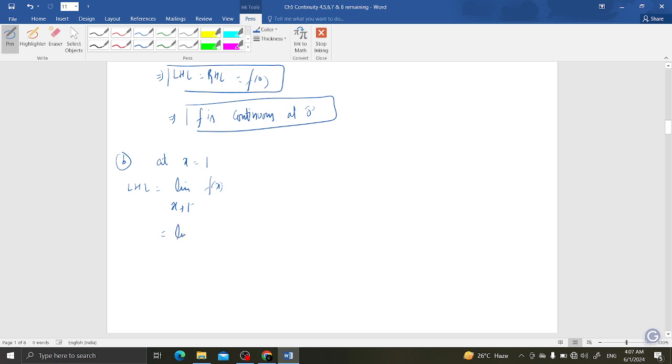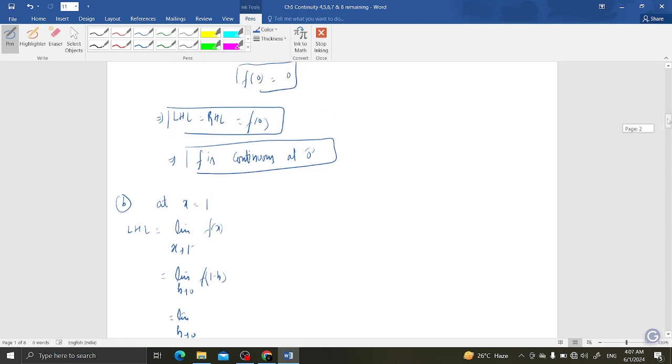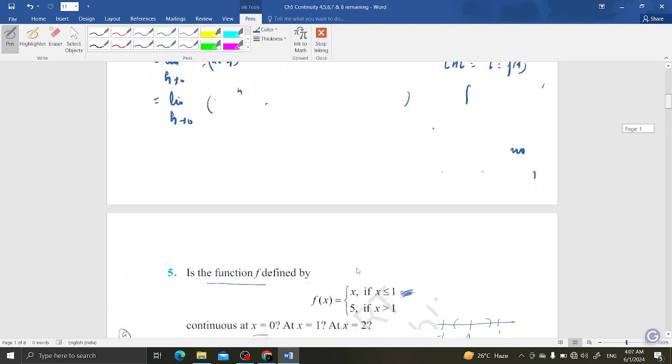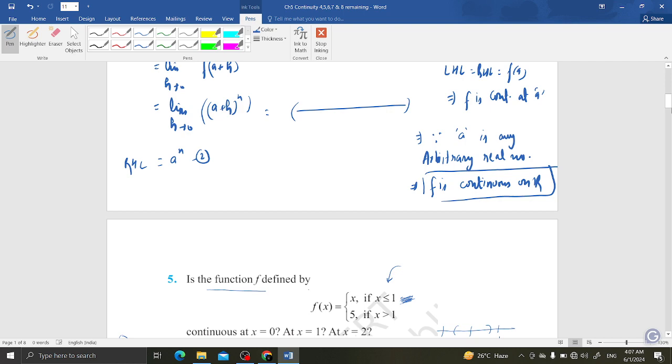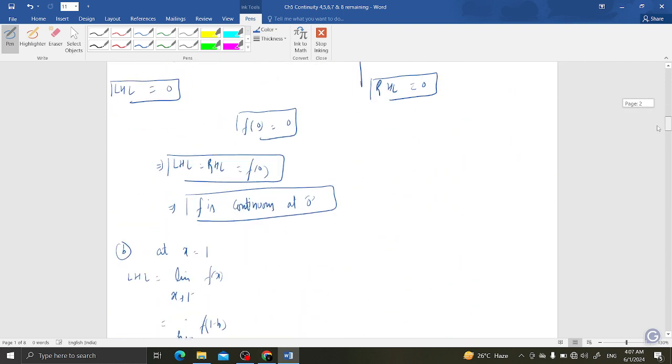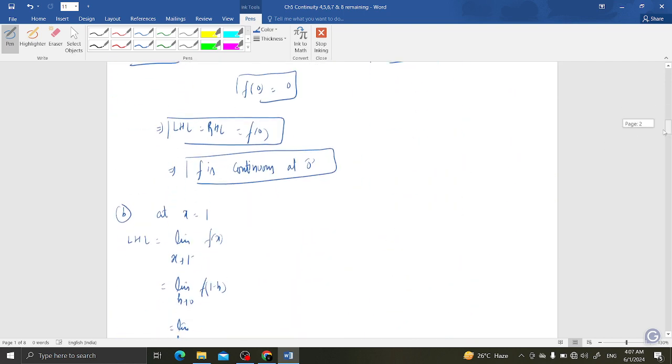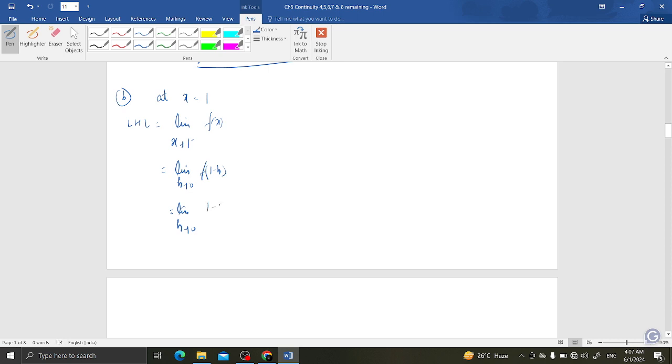We have limit h tends to 0, f of 1 minus h. What is f of 1 minus h? Where does it lie? 1 minus h lies in the first piece, so it is 1 minus h, and if you apply the limit we get 1.